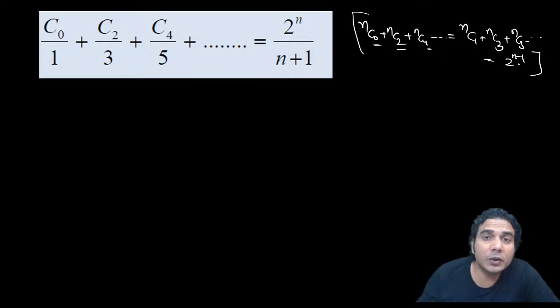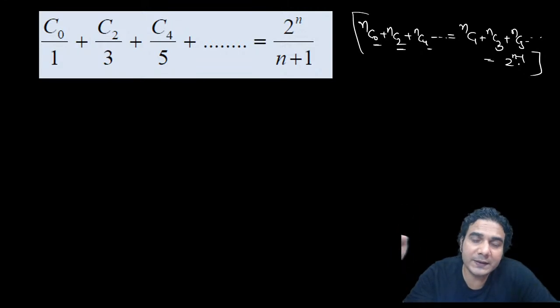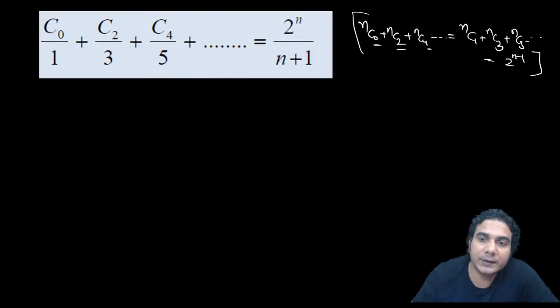In the beginning you have two series: nC0 + nC1 + nC2 + nC3 up to nCn is equal to 2 raised to n, and another series nC0 - nC1 + nC2 - nC3, and this was 0.